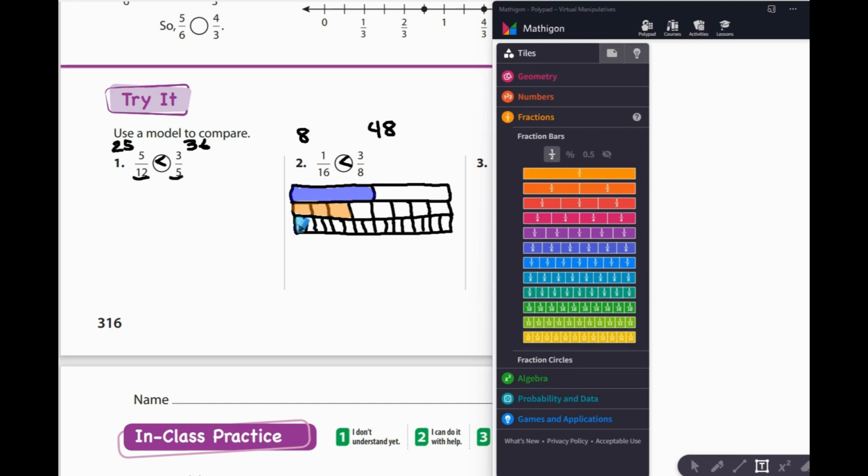And if I have 16, I would actually need 8/16 to equal a half. So I already know that 1/16 is going to be less because 3/8 is the closest one possible to my benchmark of 1/2. That's another way of looking at it.